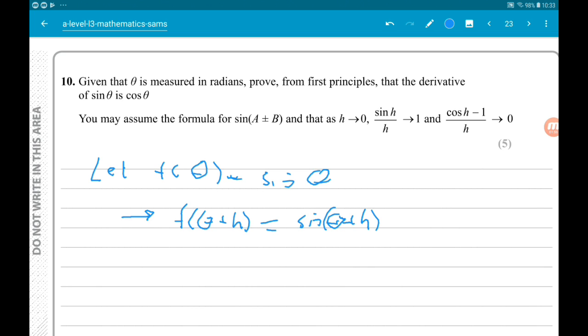Okay, so I'm not going to get the derivative involved yet, just to cut down on notation.